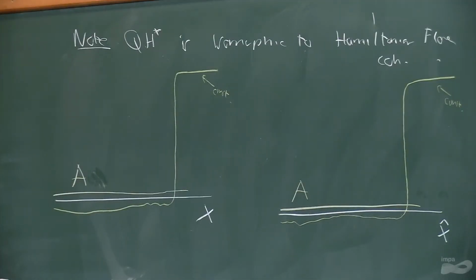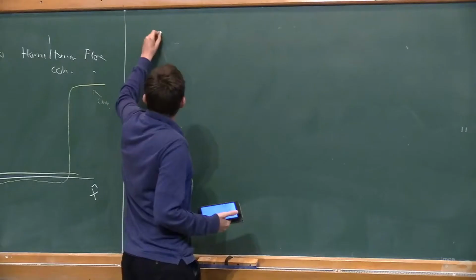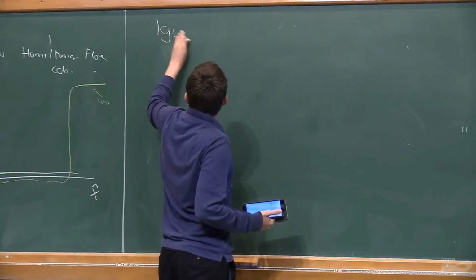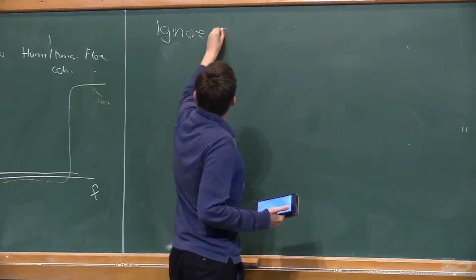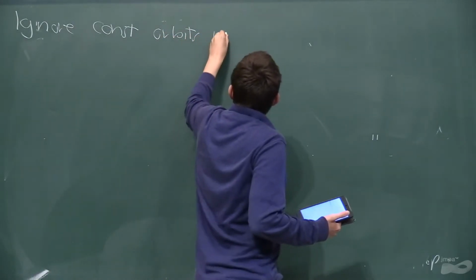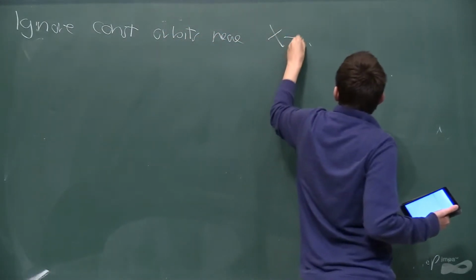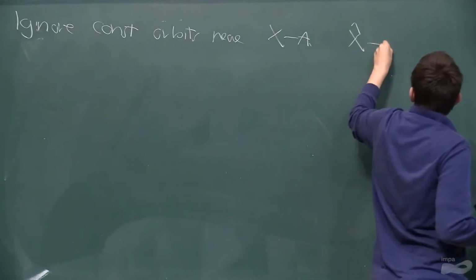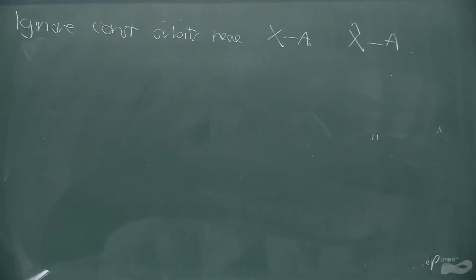So I'm going to ignore constant orbits near X minus A and X hat minus A. I'll put an exclamation mark here just to tell you that this is wrong, but let's forget that for the moment.